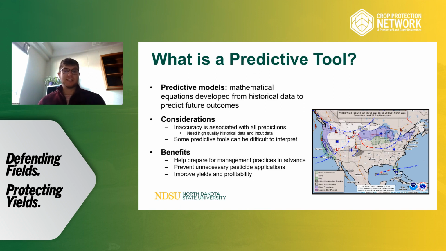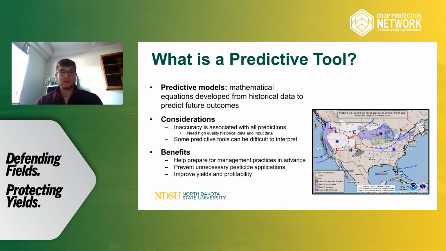And so just understanding that these tools are just that, they are tools, and that they do have errors associated with them, okay? Additionally, these tools can become very difficult to interpret due to their high complexity from time to time. So these are things that may lead to issues with acceptance of different predictive tools.